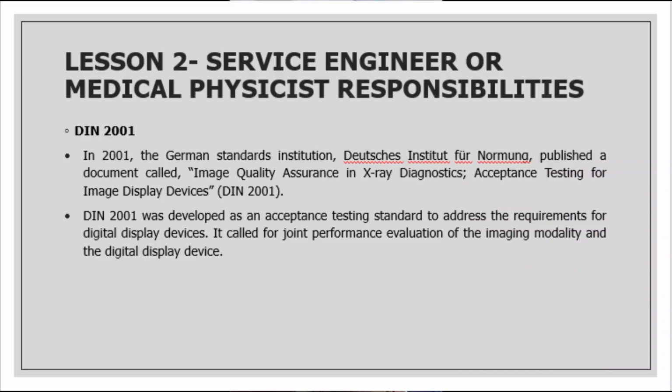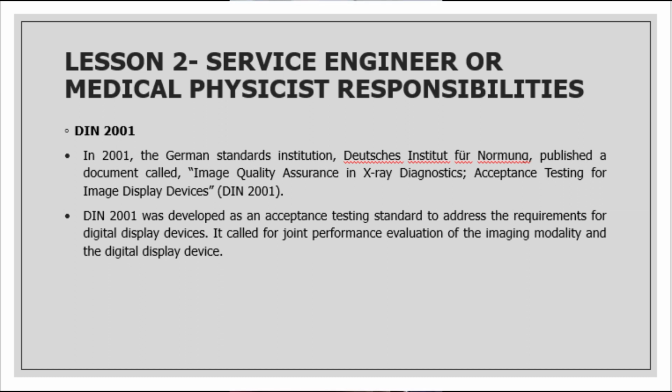Next, we have your DIN 2001. Okay, so your DIN 2001 was the German standards institution. Okay, so this is the meaning of your DIN, but I do not know how to pronounce it because I think it is Greek or Spanish. It is a published document called Image Quality Assurance in X-ray Diagnostic Acceptance Testing for Image display devices.